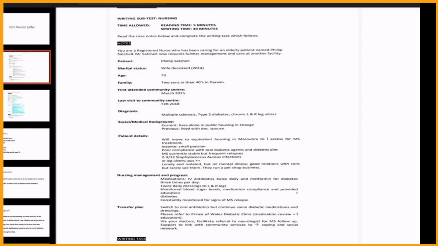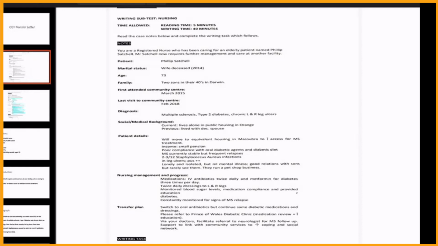Antibiotic therapy, IV antibiotics, and dressing twice daily. All these have to be clubbed together when you write about the leg ulcers. Can you tell me? For the past 3 months, his leg ulcers have been infected with Staphylococcus aureus, for which he is on intravenous antibiotics and dressing twice daily on both legs.